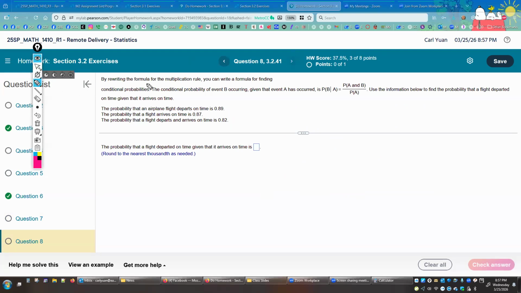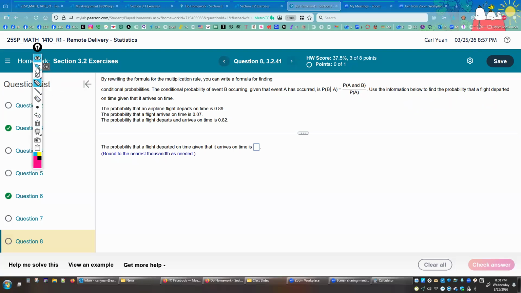If you remember, the formula is probability of A and B equals probability of A times probability of B given A. This is what we covered, although I didn't write that formula out explicitly, but that's how we got this formula here. Let's see what they want.